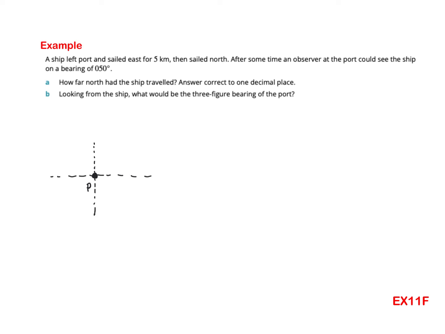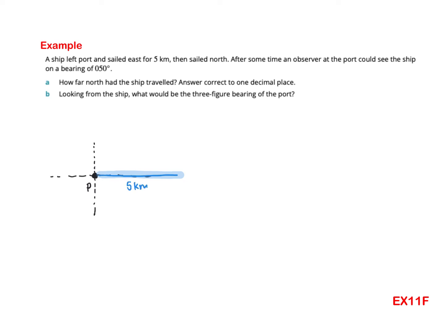And then now I'm going to draw more of a solid line as I see what happens. So they travelled east for 5 kilometres. So east's along here. So I'm going to draw a line out here, and that's east 5 kilometres.